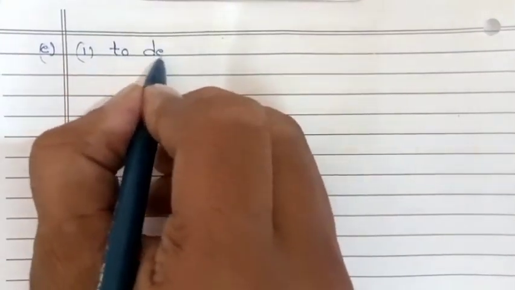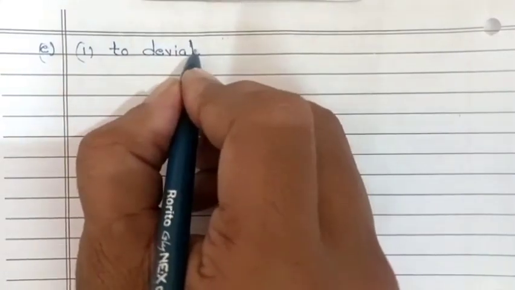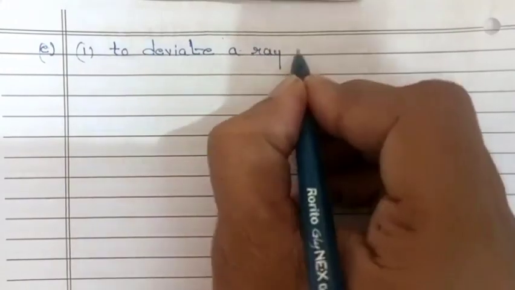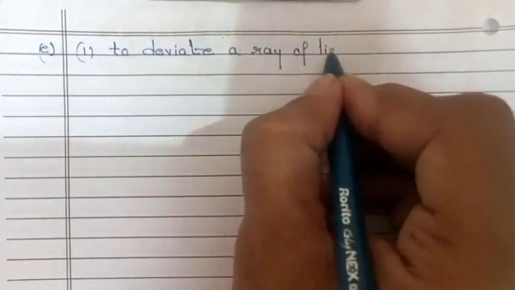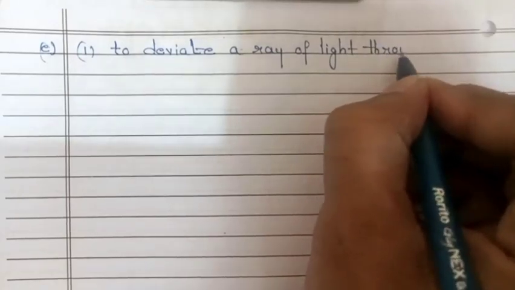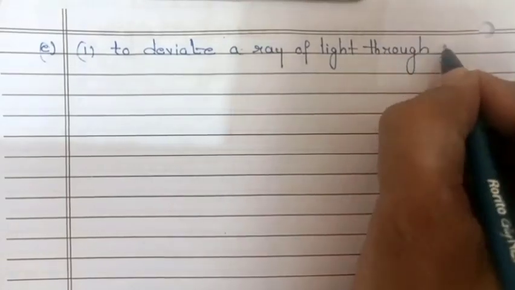So the first action is it can be used to deviate a ray of light through 90 degree.